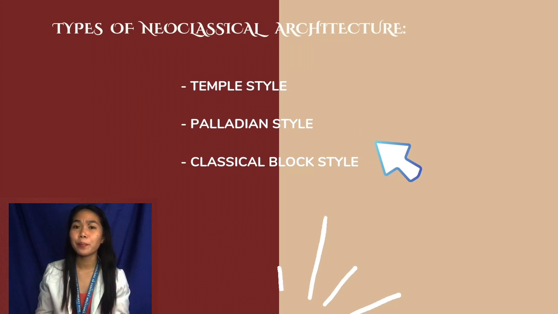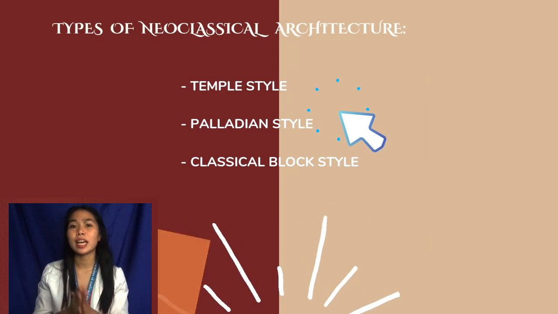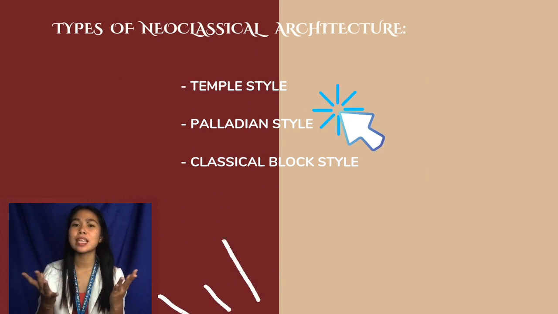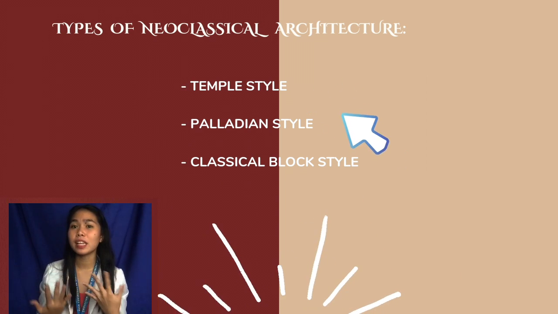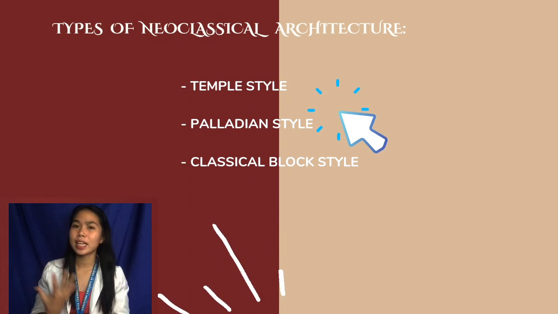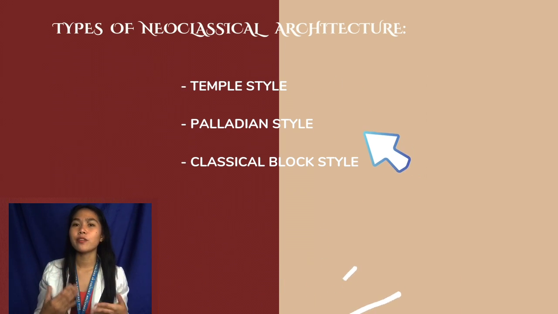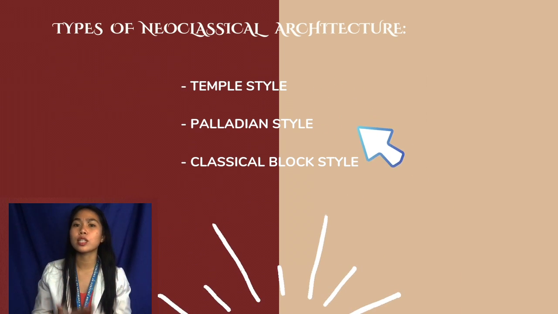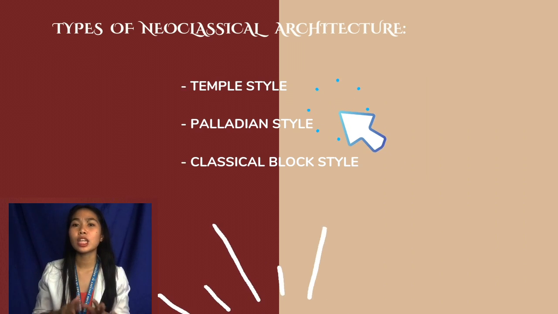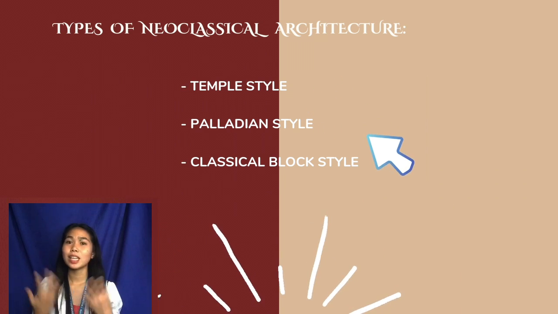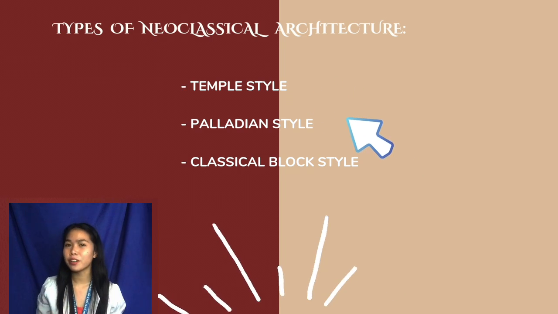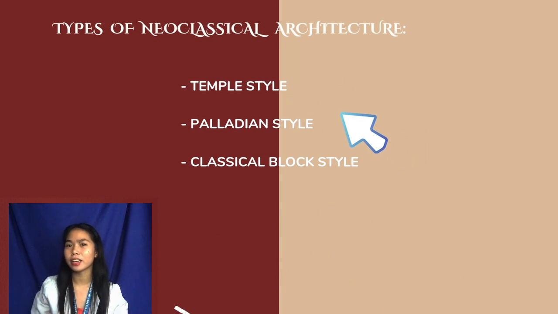When we say temple style, it is based on an ancient temple. When we say Palladian style, it is based on a style of villa construction. And when we say classical block style, it features a rectangular or square plan with a flat roof and an exterior rich in classical detail. Now let me give you an example of these three types of neoclassical architecture.